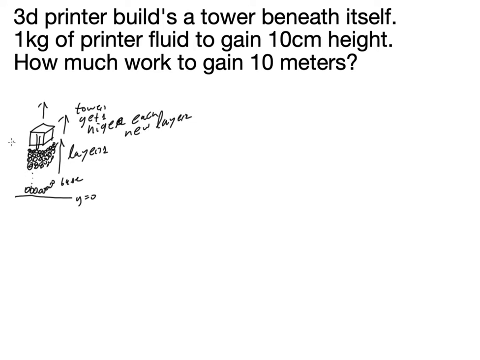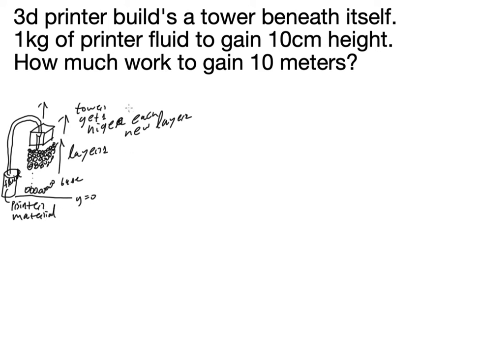Okay, so the challenge here is that what we're going to describe is really at the very bottom, at the base. What we have is basically the fluid. And we're going to have a little pipe, a little hose that goes up and feeds the 3D printer fluid. I don't know if it's a fluid. It's just the printer material.